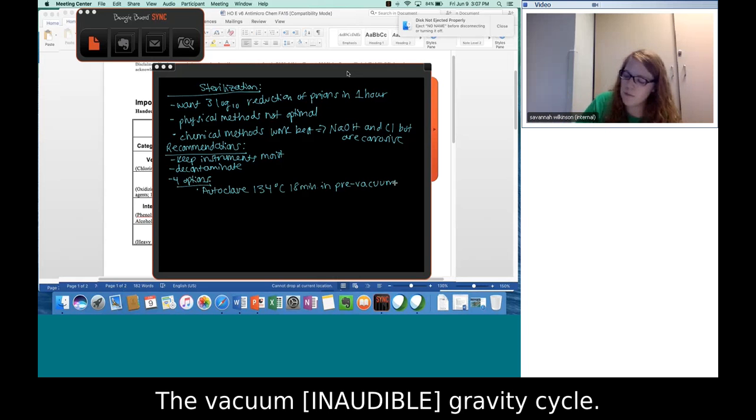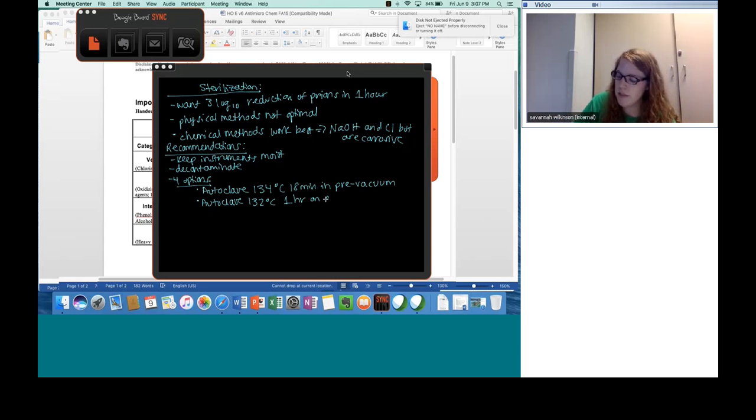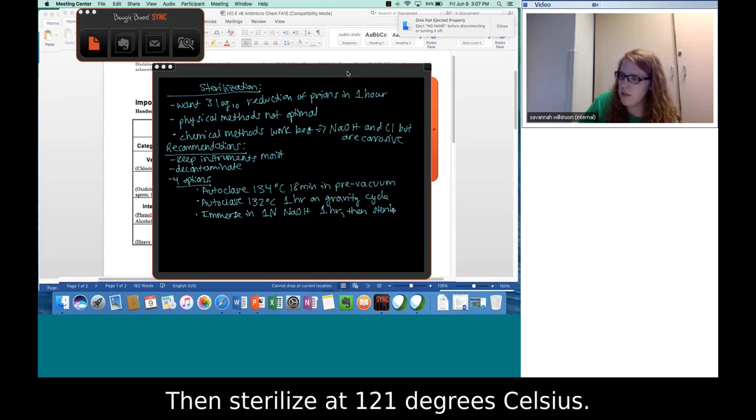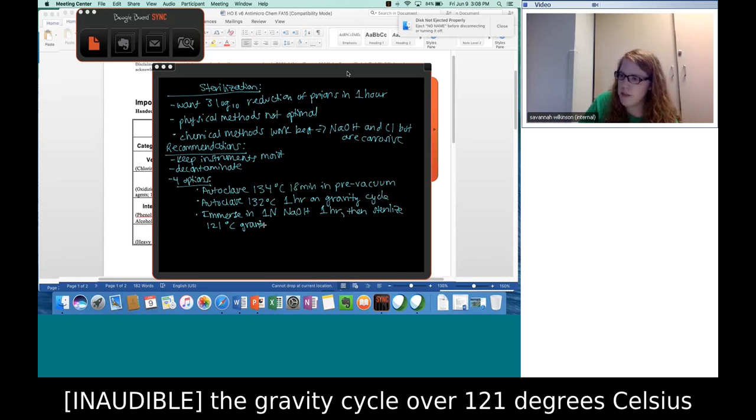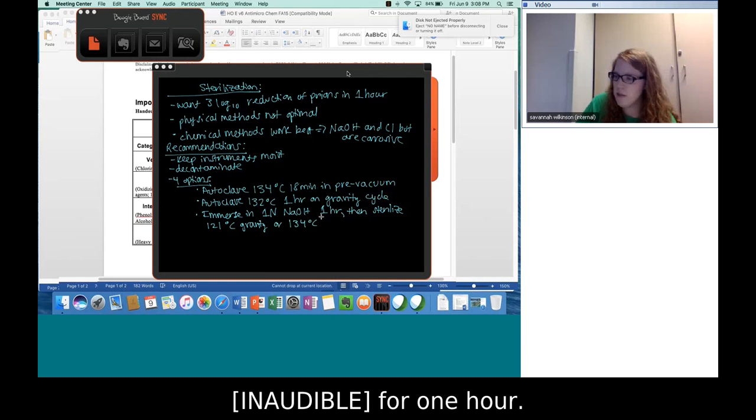Vacuum autoclave, gravity cycle, 1 hour, and sterilize at 121 degrees Celsius for the gravity cycle, or 134 degrees Celsius pre-vacuum for 1 hour.